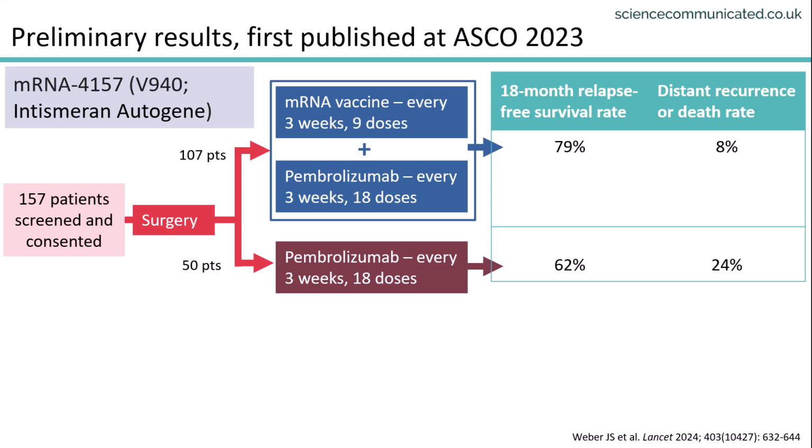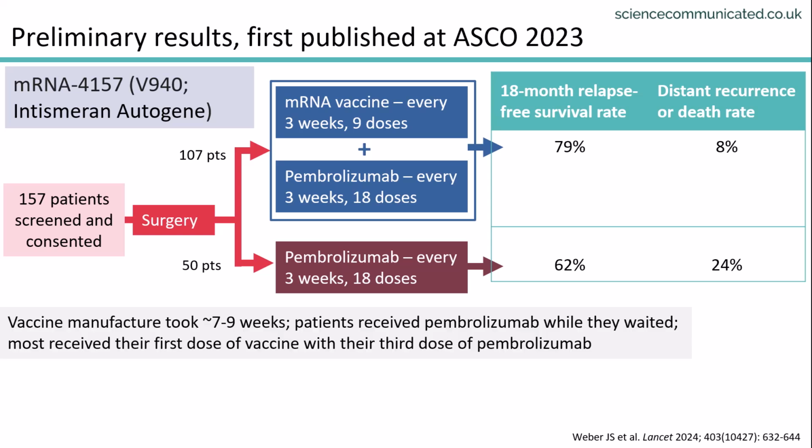And they were then monitored to see, after surgery, having received this treatment, which patient's disease returned, which patient's disease did not return. The patients who, following their surgery, had received their personalised vaccine and a checkpoint inhibitor were less likely to see their cancer return than patients just given the immune checkpoint inhibitor.